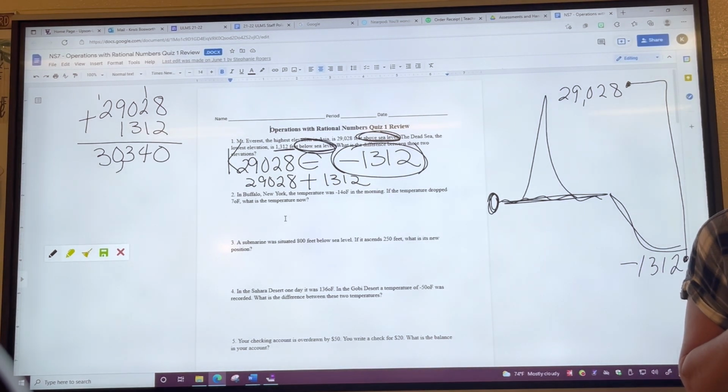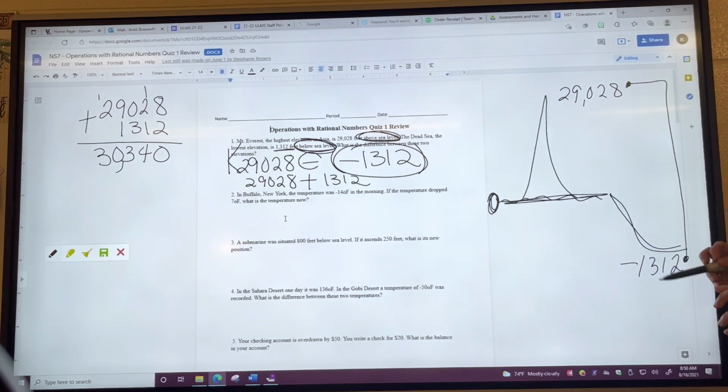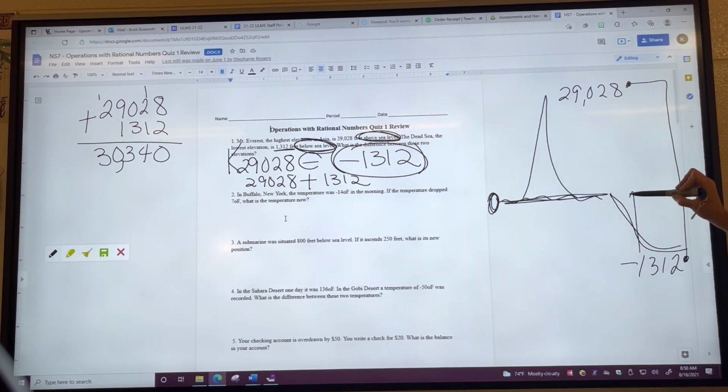Everybody open your eyes. Listen with your eyes. How far is each one of these from 0? So look at 1,312. How far is 1,312 from 0? It's 1,312, right? And how far is 29,028 from 0? 29,000.